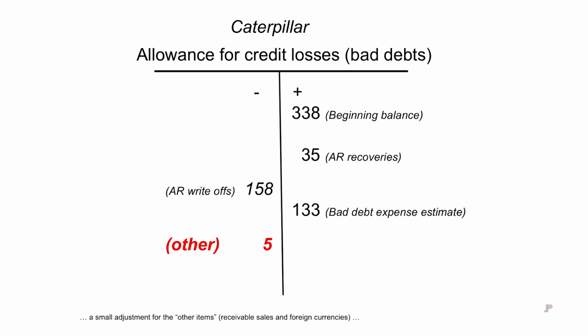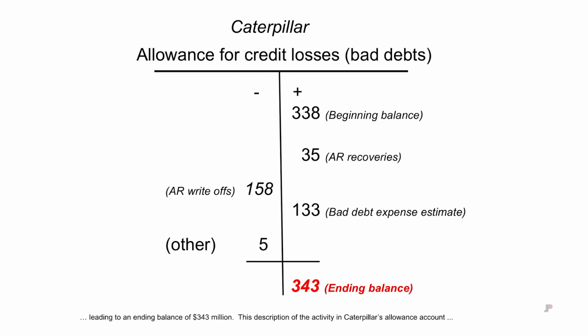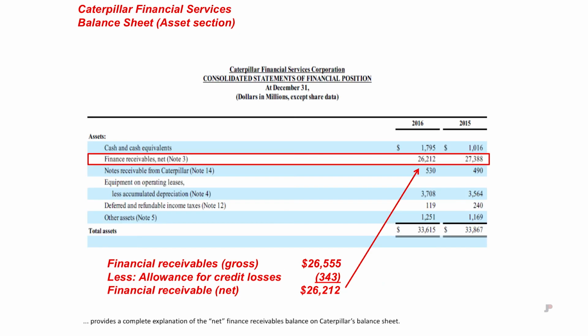A small adjustment for the other items, receivables, sales, and foreign currencies, leading to an ending balance of $343 million. This description of the activity in Caterpillar's allowance account provides a complete explanation of the net finance receivables balance on Caterpillar's balance sheet.